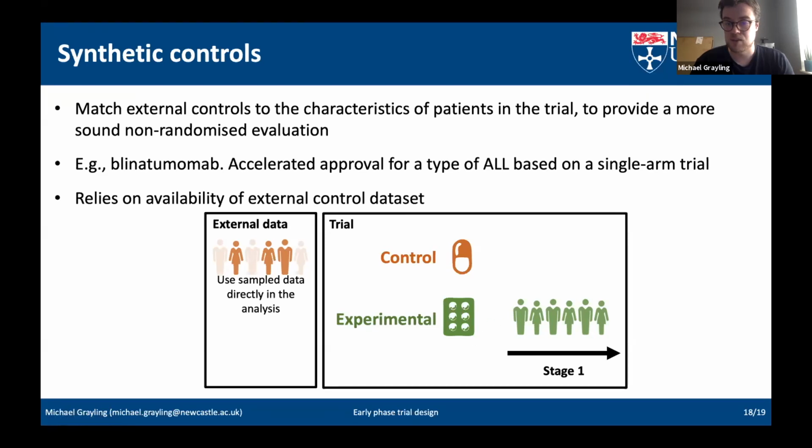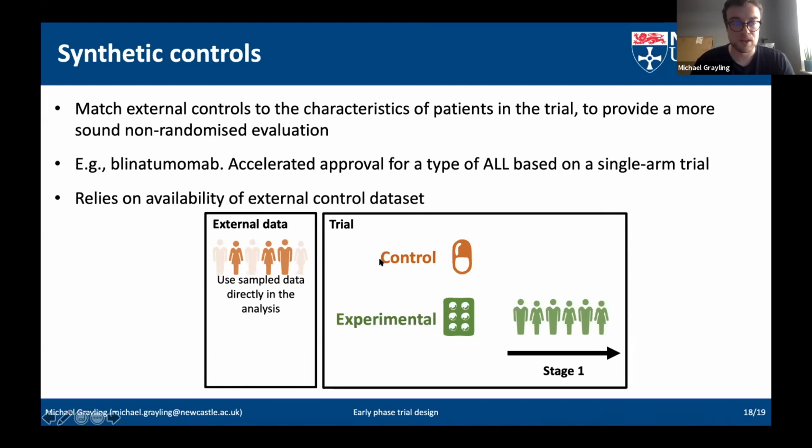And then based on the baseline characteristics of these experimental patients, you sample from your historical data set to actually match these to each other, typically using a statistical approach known as a propensity score. So you're basically looking here to make sure that the experimental data that you're concurrently gathering is as similar as possible to the historical data that you've sampled from.